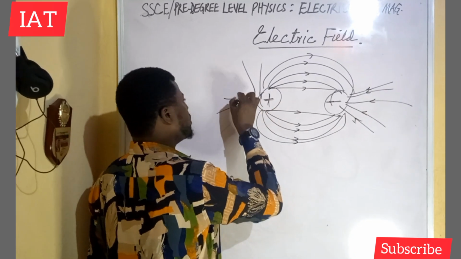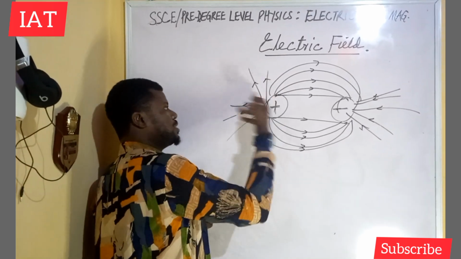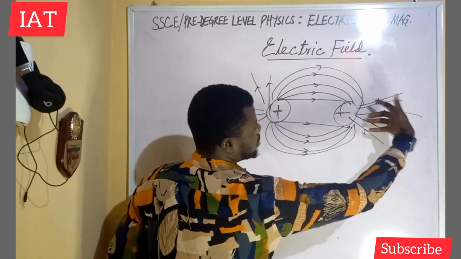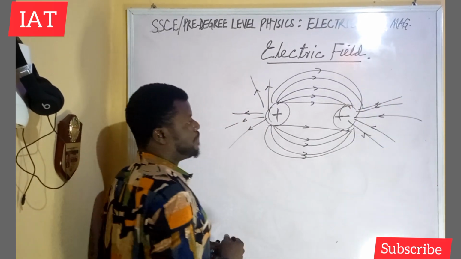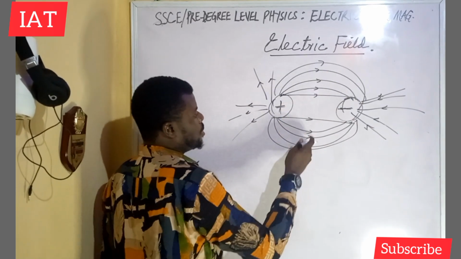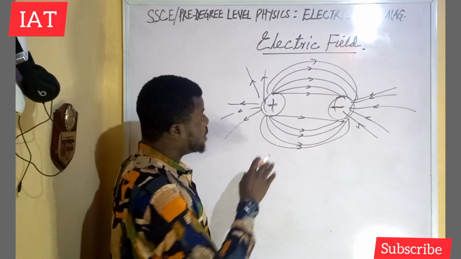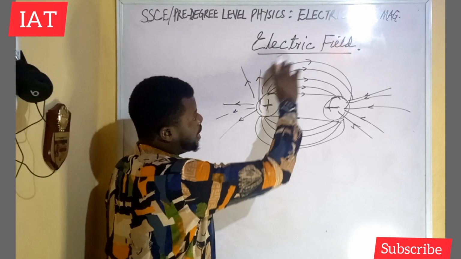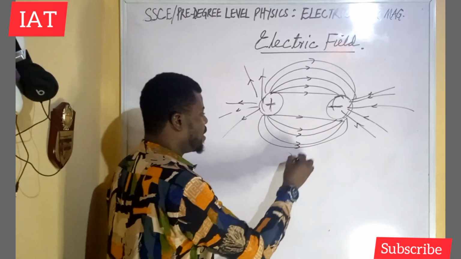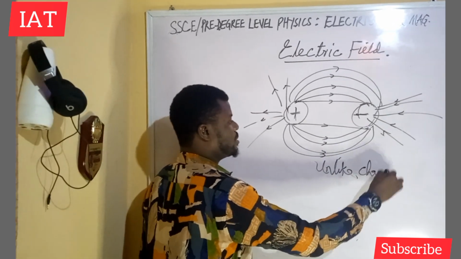This is showing that the charges are coming from the positive and entering the negative charge. Look at these indications also. They also demonstrate that the charges are flowing from the positive and entering the negative. And this is what we call unlike charges.